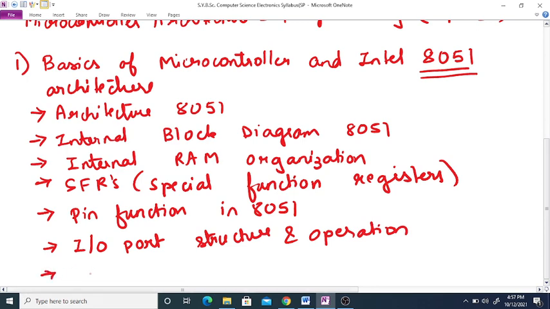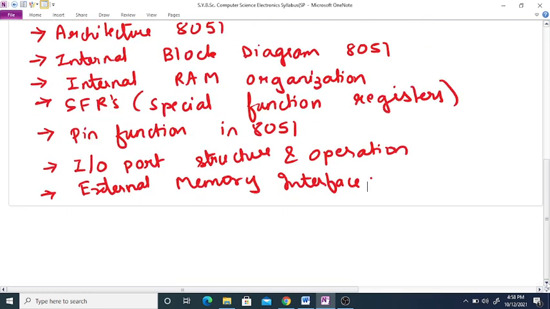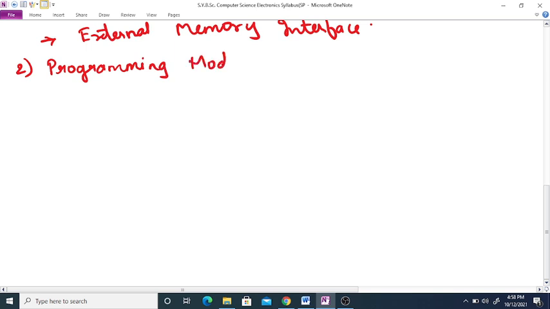Next external memory interface. Then next unit for this paper is programming model of 8051.